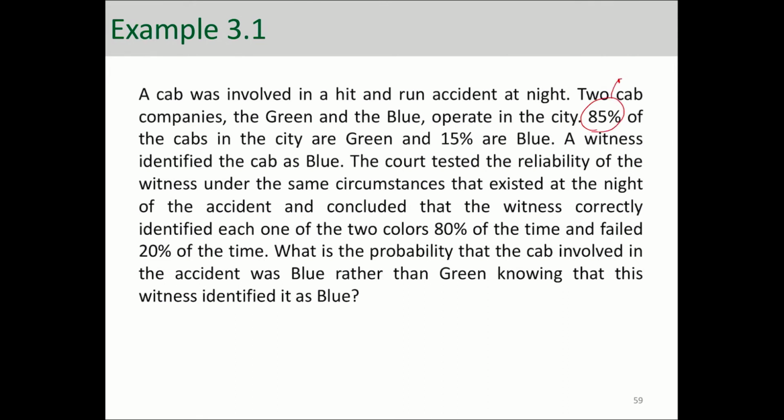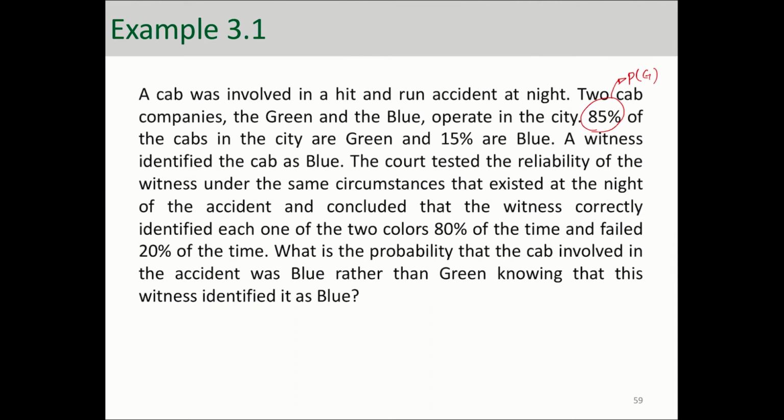That means that's probability of green, right? So green, being a green cab, is an event in the sample space. So go ahead with that, and the good thing is you know already that this is an application of Bayes' theorem. So try your best and then come back to the video again.